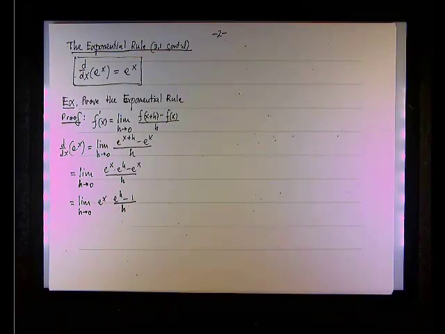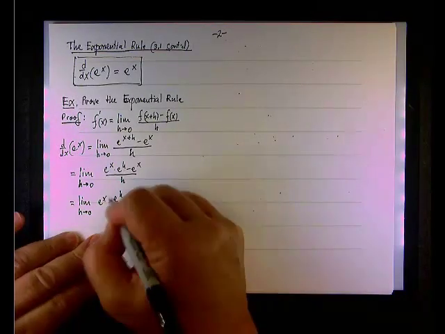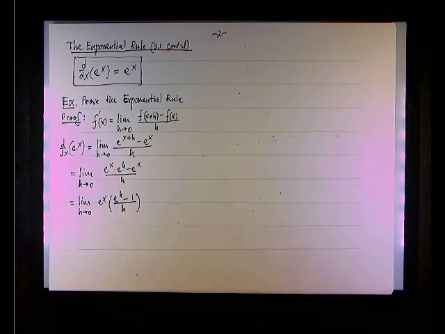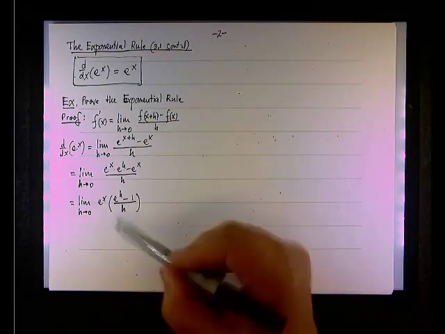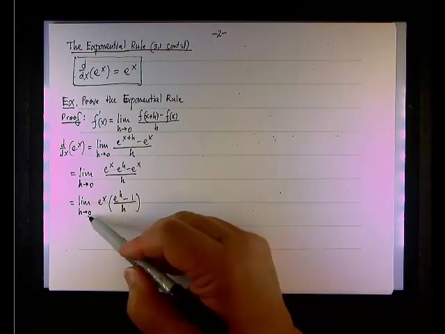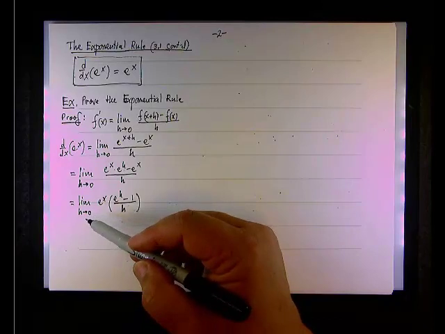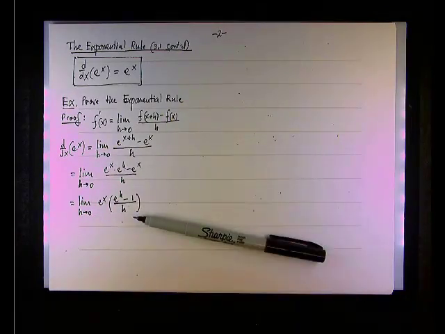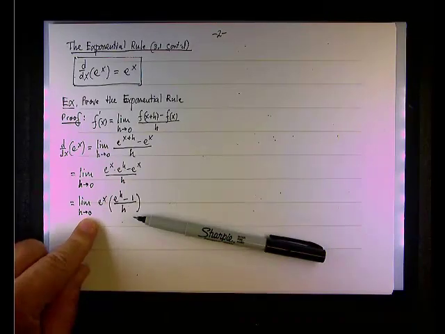Okay? Now, look at this expression right here. Let's put it in parentheses because I'm very interested in this quantity in the parentheses. But does e to the x change when h approaches 0? Anybody venture to answer? x is not a variable when it comes to the limit. The variable of the limit is h. h approaches 0.